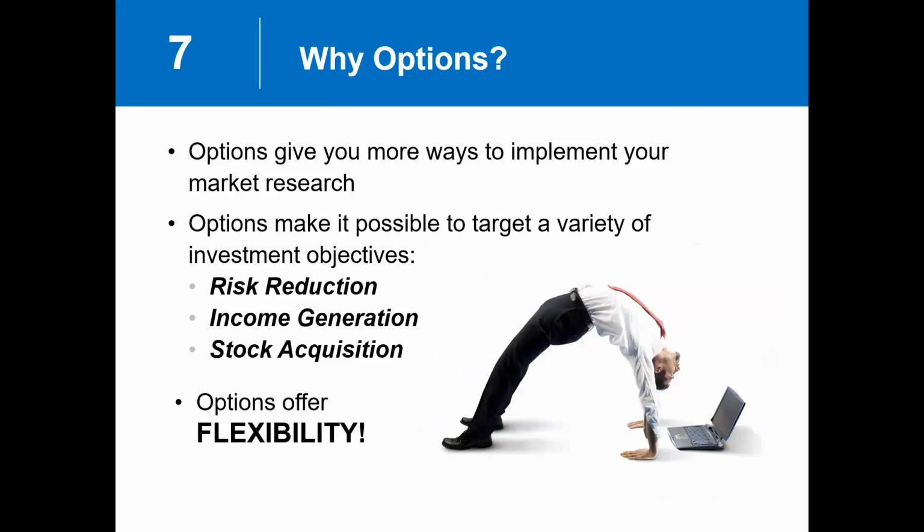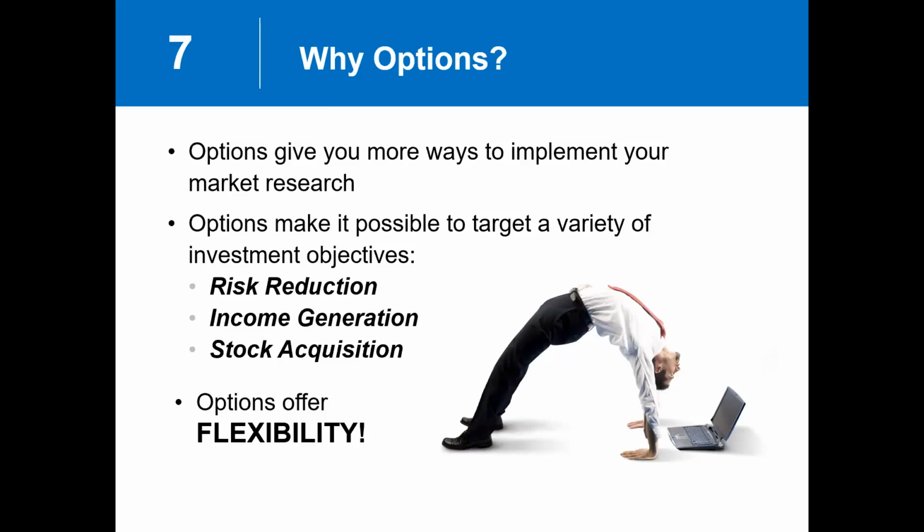Again, the whole idea of complexity of the listed options product, to me, it's really straightforward. These are dynamic financial tools that can allow us basically to hedge a portfolio. We can generate additional income. We can use listed options to potentially acquire stock based on what options we buy or sell.